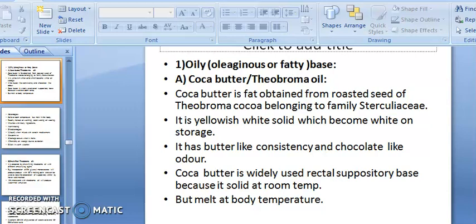It is yellow in nature, but when we store this theobroma oil or cocoa butter, it becomes white in color. It has a butter-like consistency and chocolate-like odor.